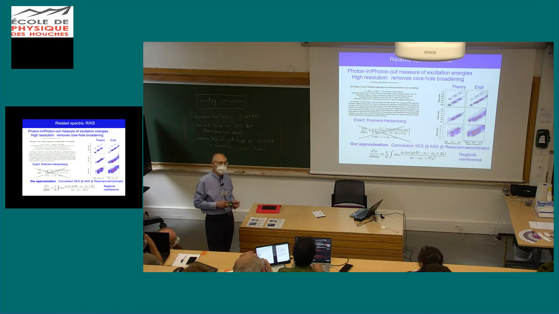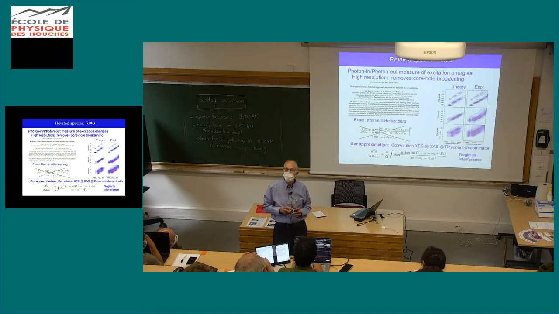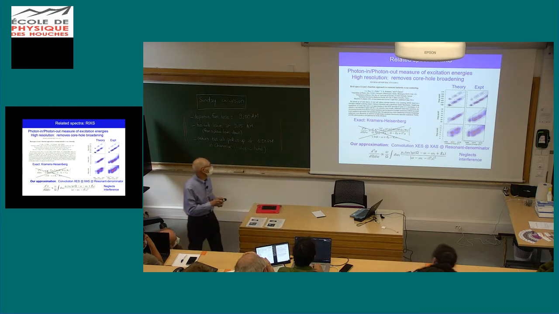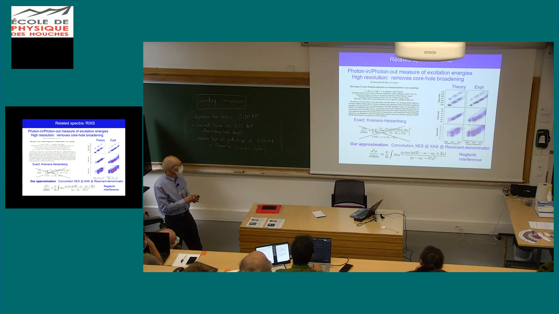So since RIXS is mostly a fingerprinting-like game, looking at the peaks to get the excitation energies, it seems to be reasonable. Not always, but you know. Anyway, this is an approximation. It's not completely accurate, but it works pretty well.